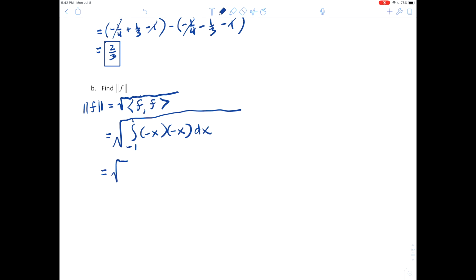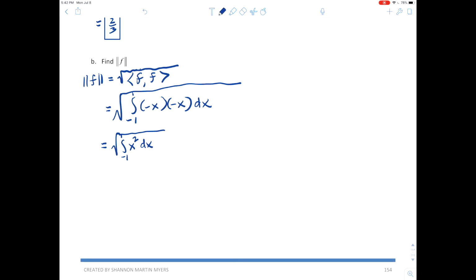So that'll be the square root of the integral from -1 to 1 of x squared dx. And that's going to be 1/3 x cubed from x is -1 to x is 1, which will be the square root of 1/3 times 1 minus -1, which will be the square root of 2/3.